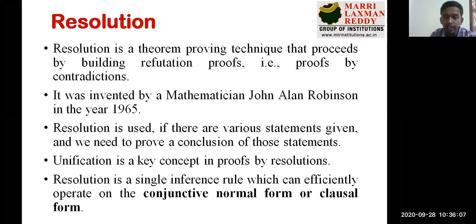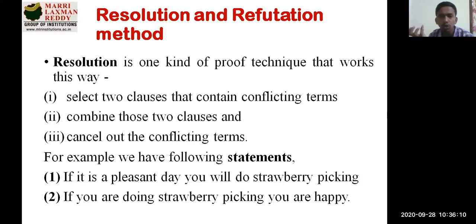From that, you take two premises, or as we call them here, two clauses, and see how many terms among the given statements are conflicting. If there is a conflicting term, what to do? We need to combine those two clauses and cancel out the conflicting terms.